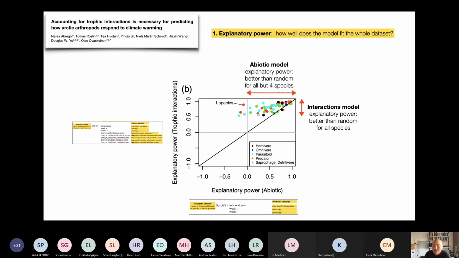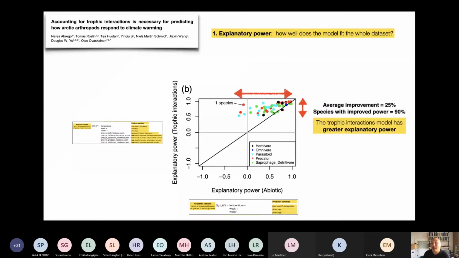It does a worse than random job, which is kind of amazing, for 4 of the species. The interactions model, the big model, does better than random for all the species, and in general does better, right? It's got a 25% improvement in explanatory power. Okay, but you could argue that the more complex model has more terms, right?